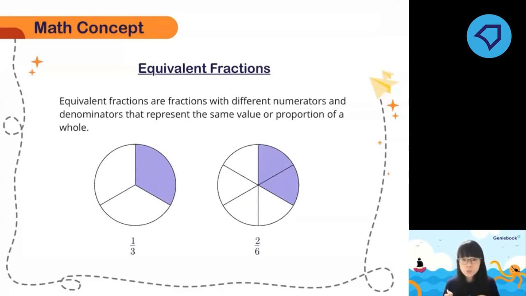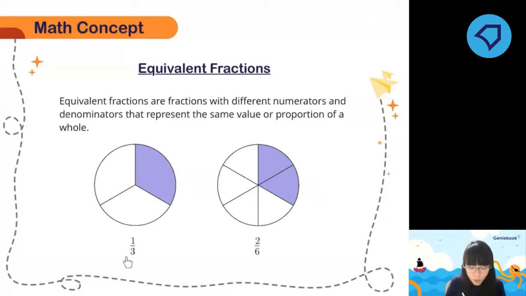Means these two, even though the numerator and the denominator are not the same, they are equivalent fractions because they have the same number of parts or the same part being shaded. Okay, this portion is shaded, this portion is also shaded. The area that is shaded is exactly the same, means they are equivalent fractions.